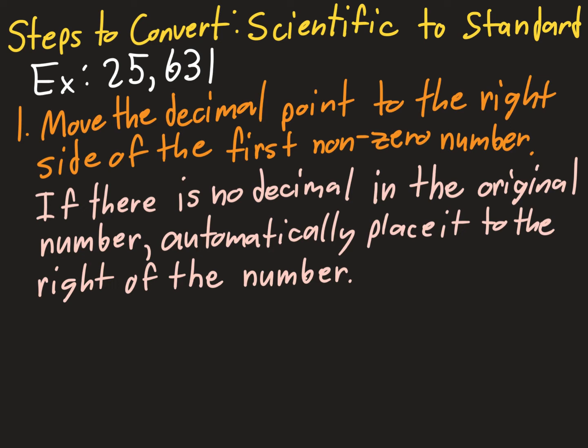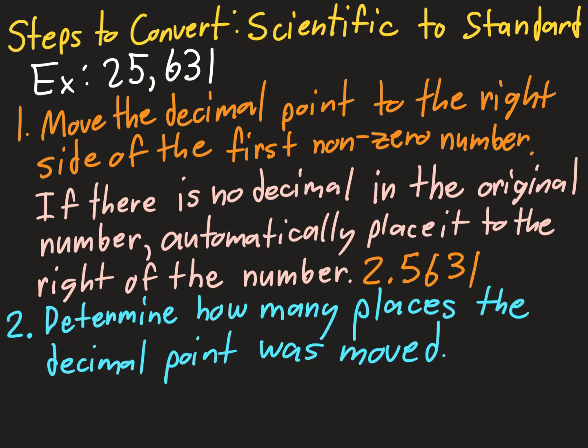If there is no decimal in the original number, you automatically place it to the right of the final digit of the beginning value. So after the decimal point moves, this number becomes 2.5631. Then we have to determine how many places the decimal point was moved. In this case, it was moved 1, 2, 3, 4 places.